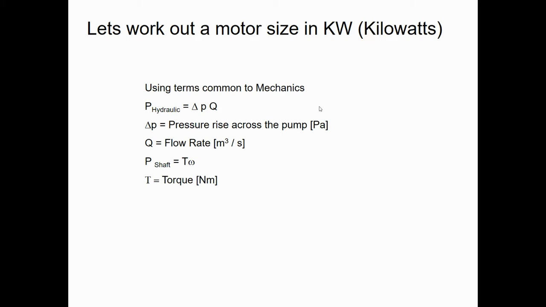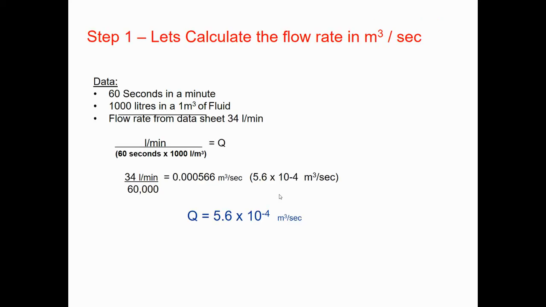So delta P is the pressure difference across the pump in Pascal. The Q is the flow rate in cubic meter per second. The shaft power is equal to the torque of the shaft multiplied by the RPM value, but this one is in radian per second, not revolutions per minute. And of course, you will know how to convert between both.